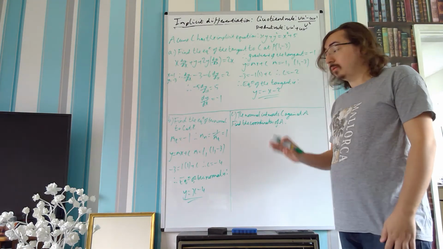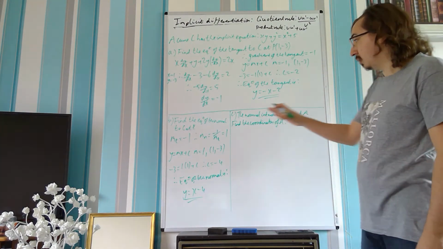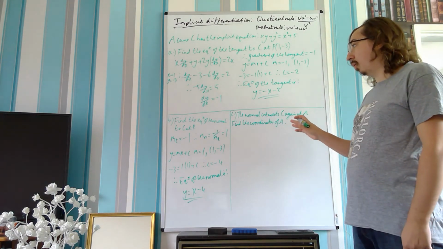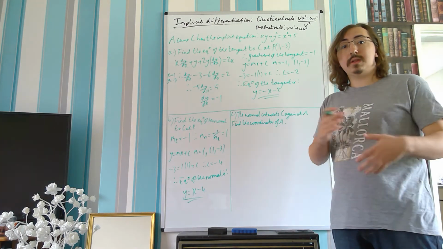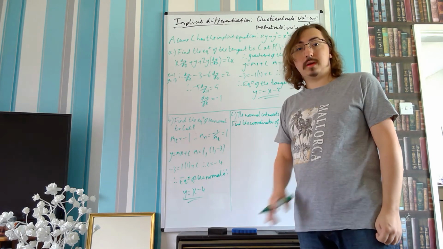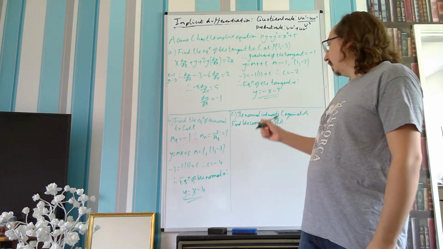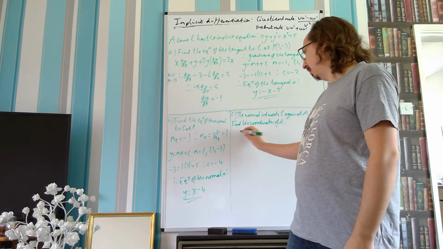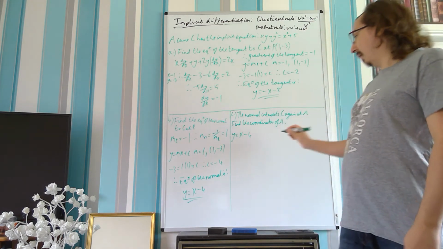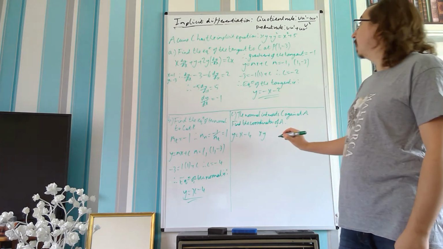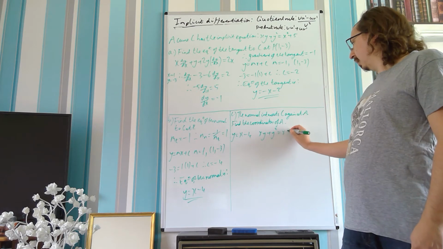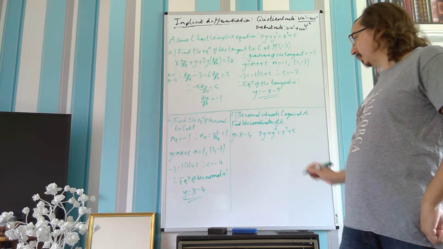Now part C, we're going to use that because it tells us the normal intersects C again at A. Find the coordinates of A. So there's a little bit more work for this part, and it's reliant on us getting a solution at part B. Now, if it's a point of intersection, we've got y equals x minus 4, and we have our original curve xy plus y squared is equal to x squared plus 5.